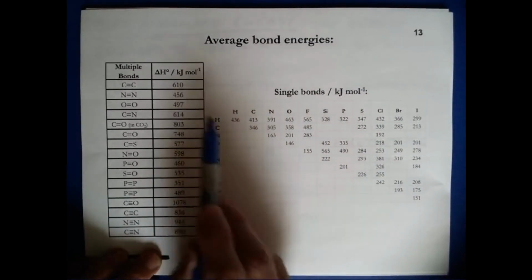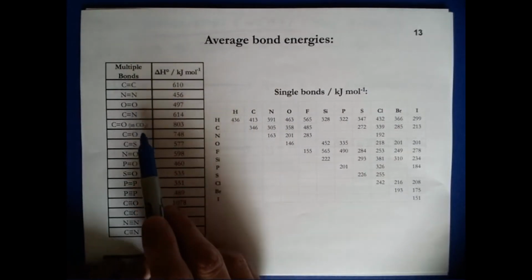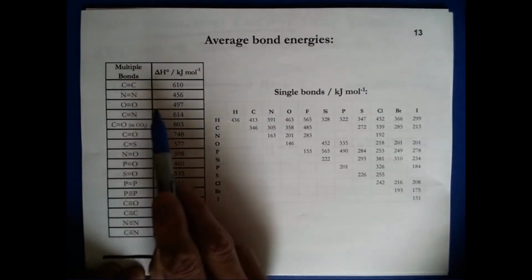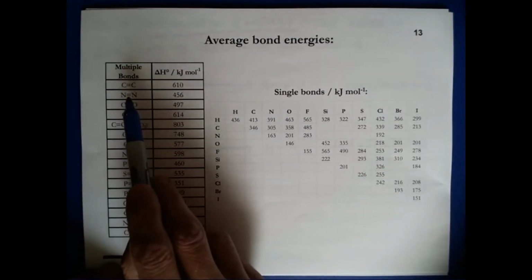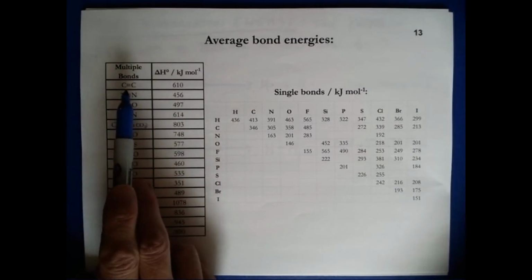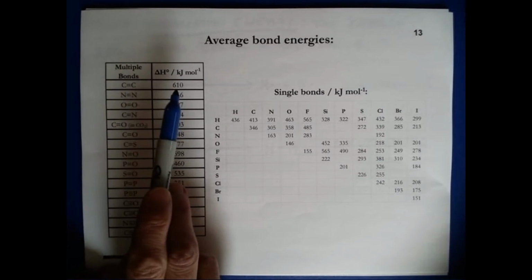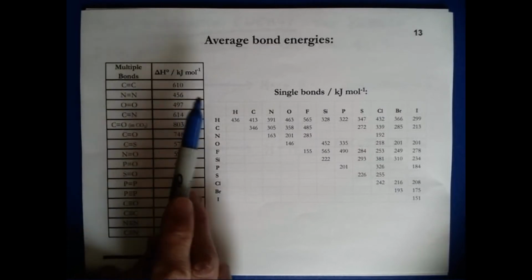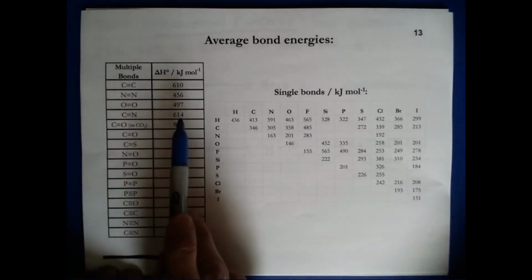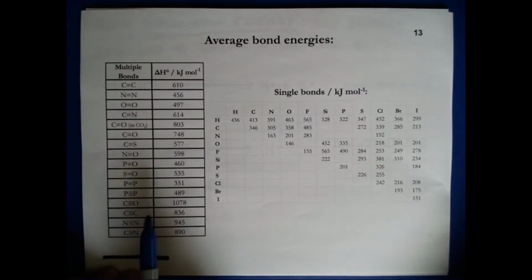In terms of multiple bonds, double and triple bonds, you can look through this particular chart here, and you can see, for example, that on average, if you're going to try to break a carbon-carbon double bond, that's going to require 610 kilojoules of energy. And now if we look at the carbon-carbon triple bond, that takes even more energy, 836 kilojoules per mole of these bonds.